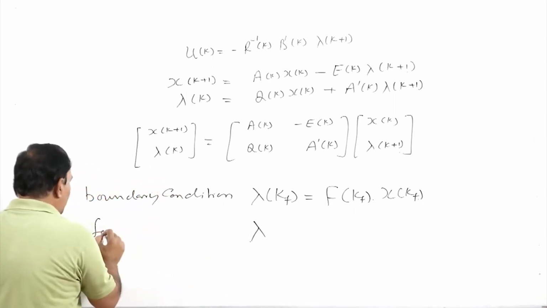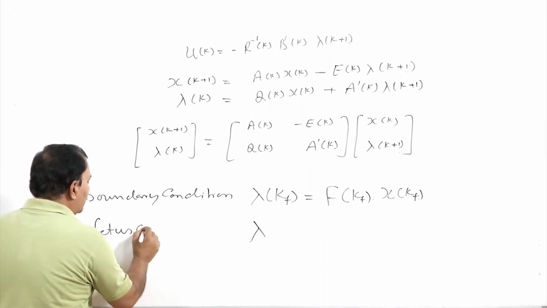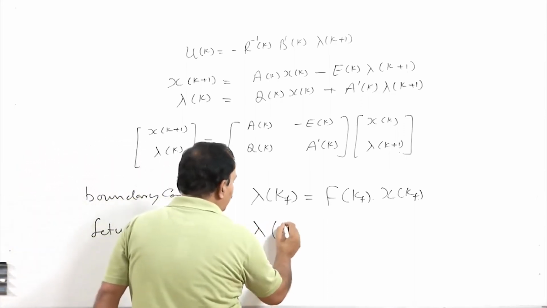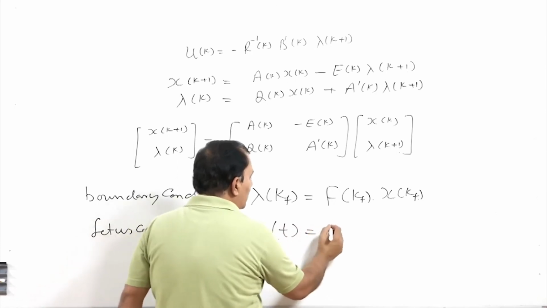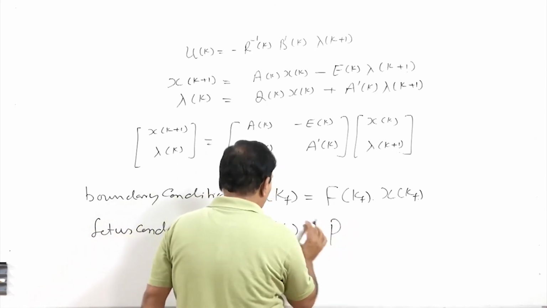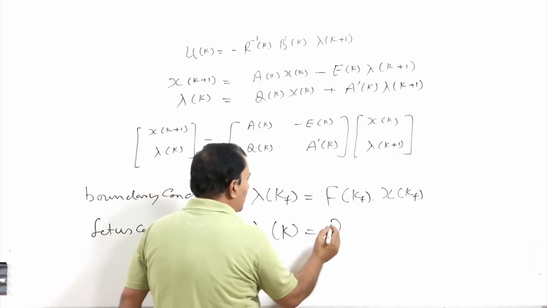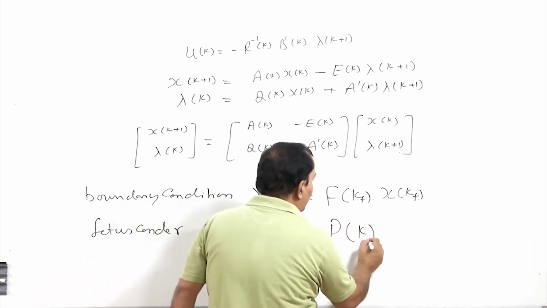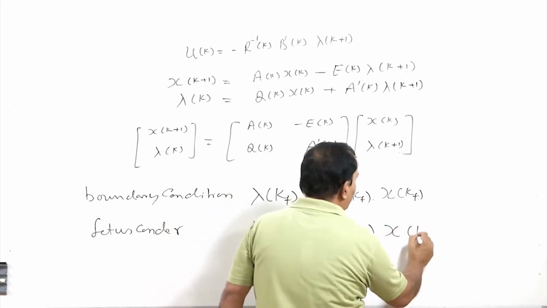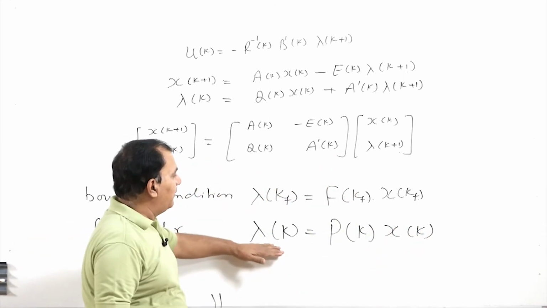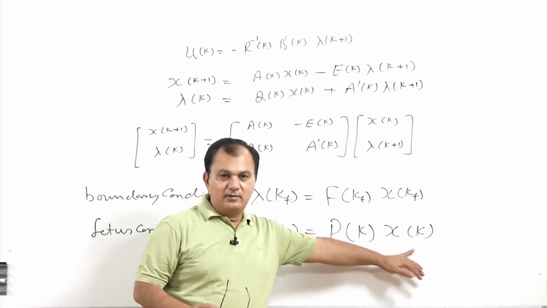So we can say, let us consider the transformation as lambda k equal to some unknown matrix P k x k, which can transform my lambda into x.